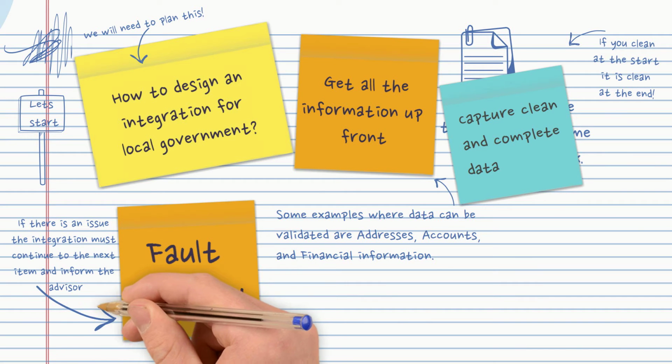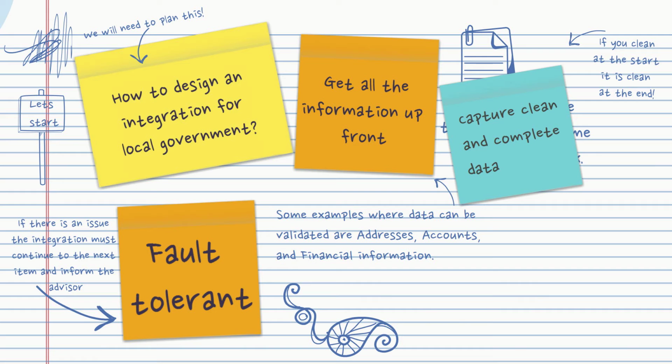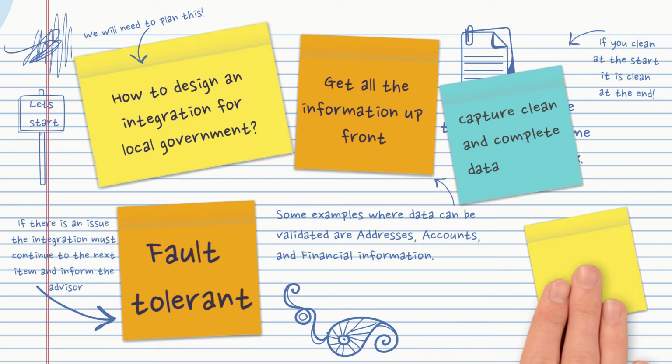So what we normally recommend is adding a note onto the main object, such as a service request, case or task, to tell the advisor this has failed to integrate for these reasons, and then the integration should continue and carry on to process the next service request, case or task. Failure to do this will mean you need to monitor more heavily, and customer agents will have to check and do the diagnostics themselves as to why the issue has occurred.